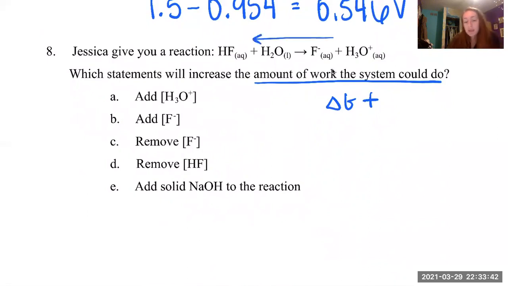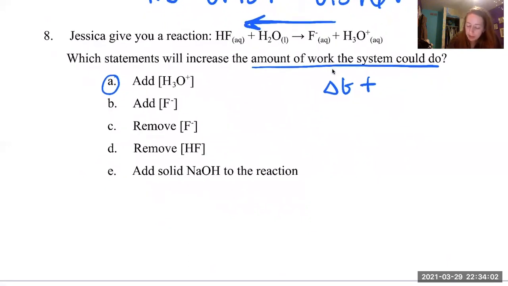Using Le Chatelier's principle, we want to drive it backwards. And so the way to do that is by adding H3O+, adding more products here to drive it toward the reactant side. And then another way, let's see, adding F minus, yes. And then C would be removing F minus, so that would not help. Or removing HF, that would help.